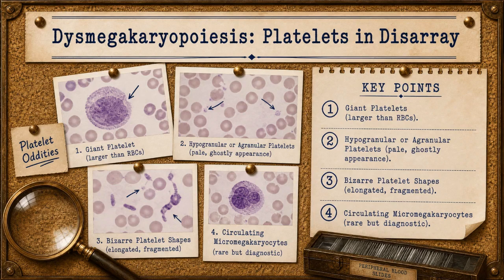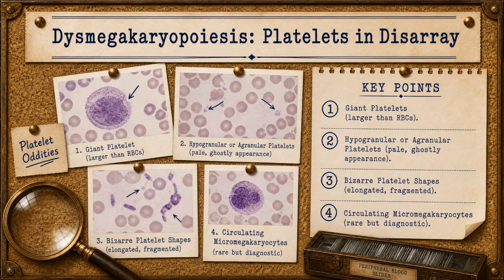Finally, and often as a consequence of this ineffective production, patients with dysmegakaryopoiesis will frequently present with thrombocytopenia, a decreased platelet count. Despite the bone marrow trying to produce platelets, the production is often ineffective, leading to low numbers of functional platelets in the circulation.